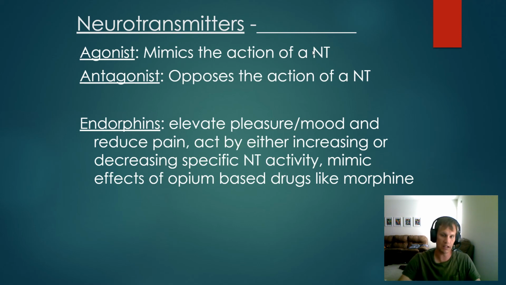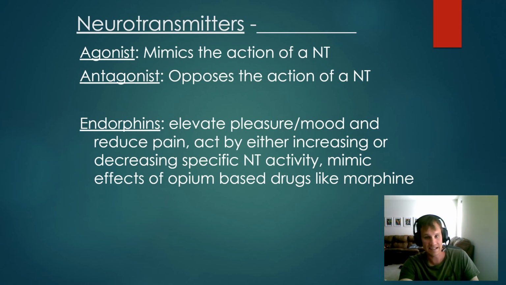If you have something that mimics dopamine, then that will bond, even though it's not actual dopamine itself. It fits the lock and key, kind of like a skeleton key. It will bind to the dopamine receptors on the dendrites of the appropriate neurons, and basically trick the neuron into believing, oh, we have dopamine there, trigger the appropriate response.